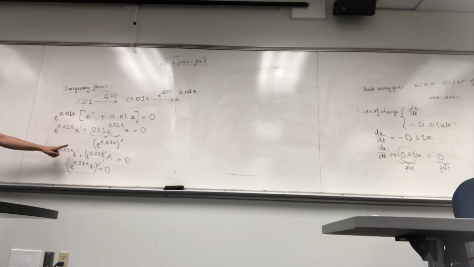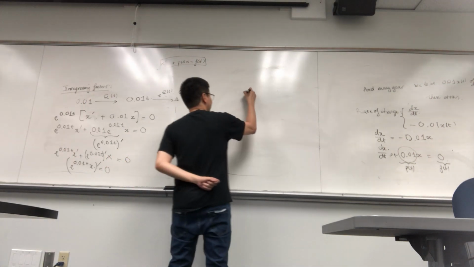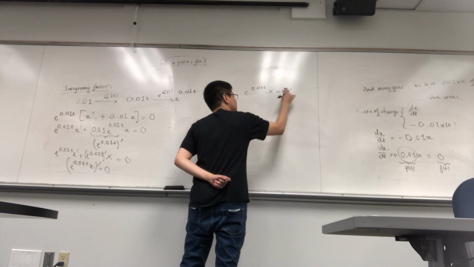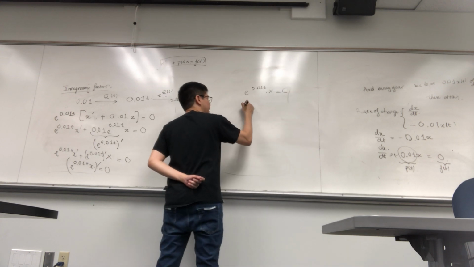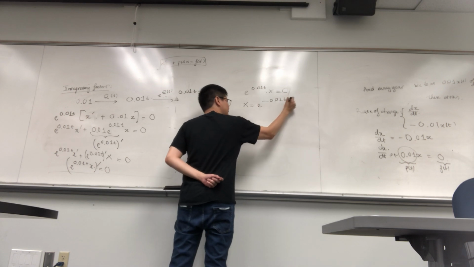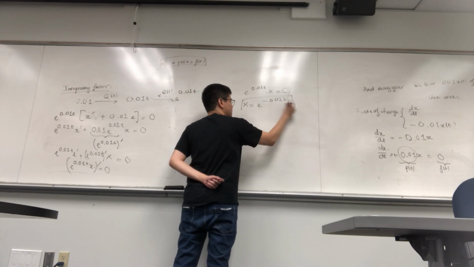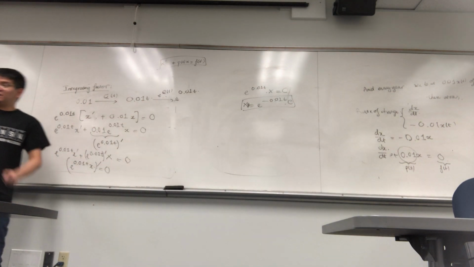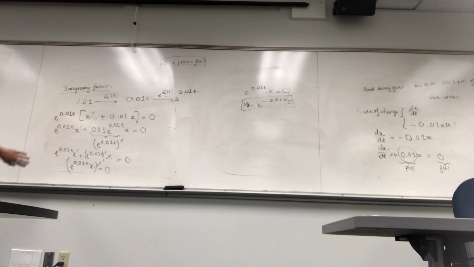So you have e to the 0.01t x is equal to the constant c, which means that x is e to the power minus 0.01t times c. So after you use the integrating factor, you can put the left-hand side under the form of a derivative.